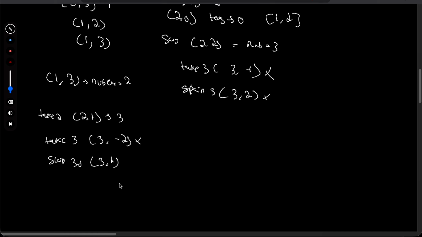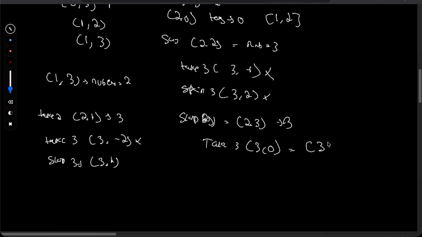If we skip 2, it's 2 comma 3, so the number is 3. If we take 3 it's 3 comma 0, so the subset is 3, because target becomes 0. If we skip 3, it's 3 comma 3.